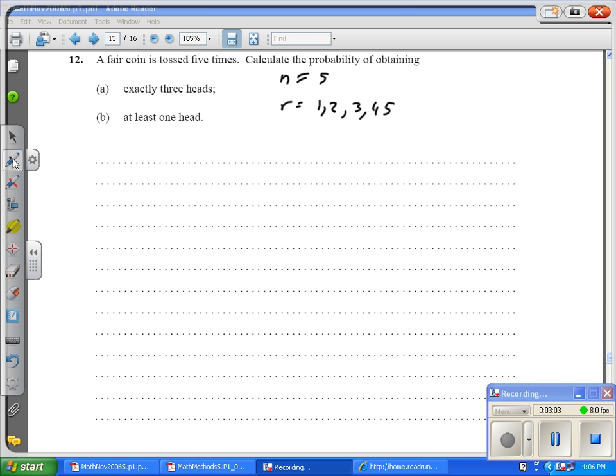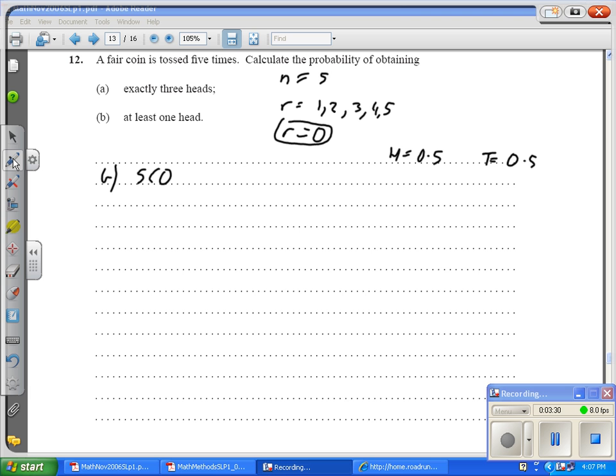A much easier way of doing this is taking R as 0 for now, as this is the only one that's not included in this part. So we have again heads, so 5C0, and the probability of getting heads is 0.5. Probability of getting tails is also 0.5, as it's a fair coin, as we mentioned earlier.